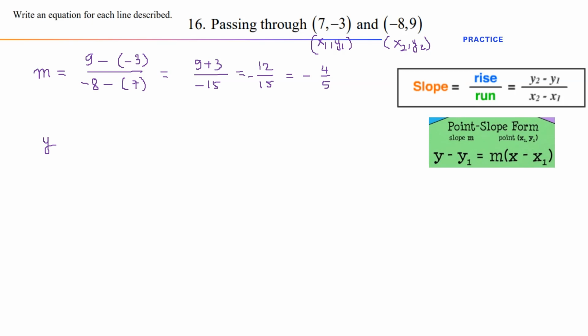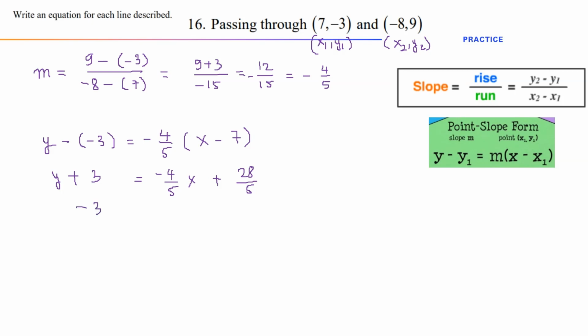So y subtract negative 3, that's the y1, equals m, which we found is negative 4 over 5, open parenthesis, x minus x1, that's 7. Now, this one will be y plus 3 equal negative 4 over 5x plus 28 over 5.